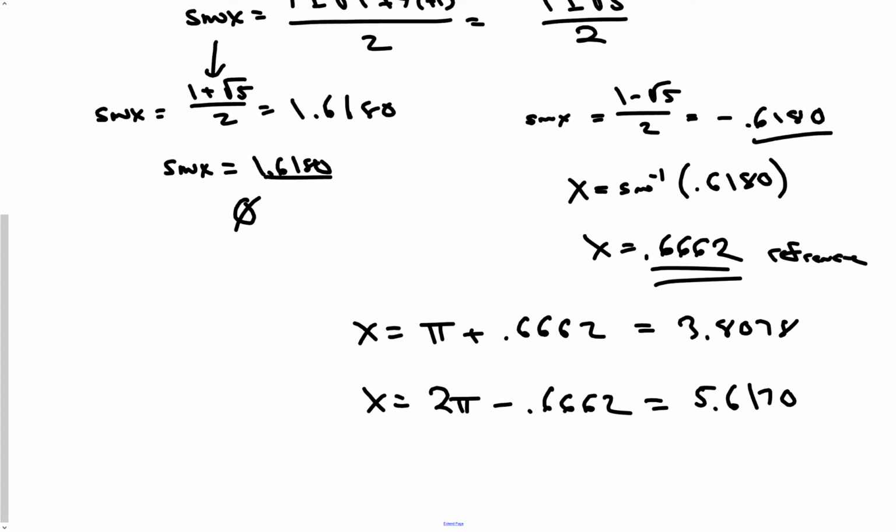I want an angle in the third quadrant. So I'm going to start at pi, and I'm going to add this many radians to it, and I'm going to get an angle, 3.8, that has a sine of negative 0.6180. Again, you could test it, plug it into your calculator, and you should get this number when you take the sine of these two numbers.